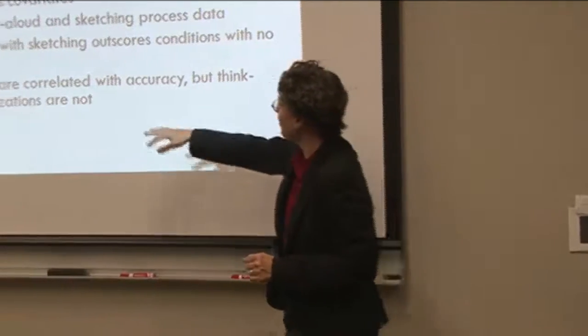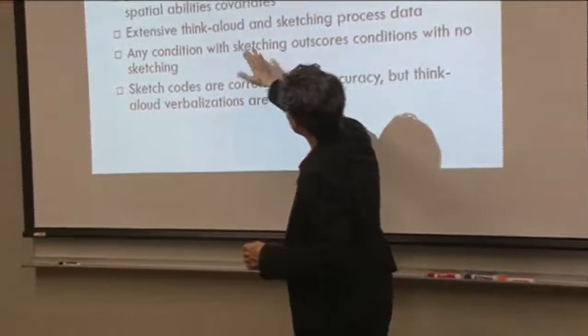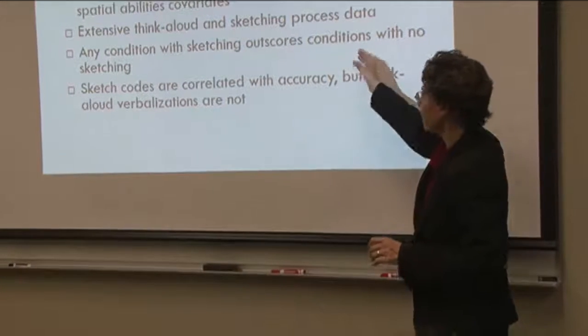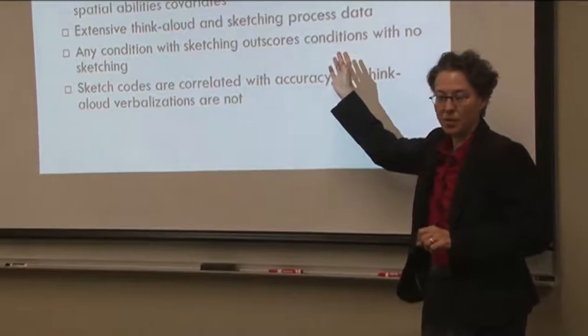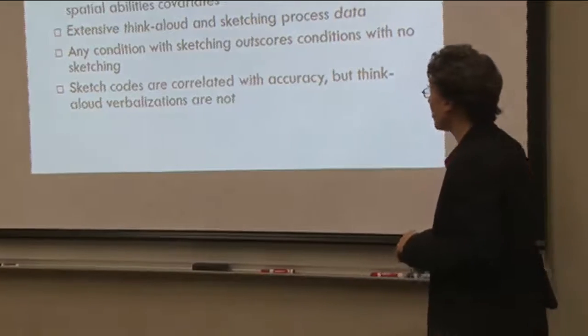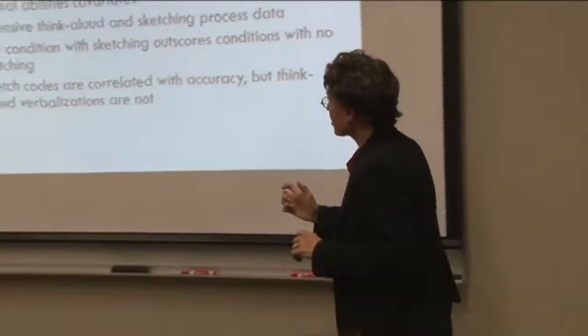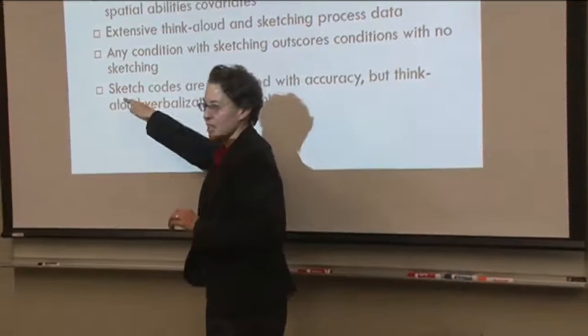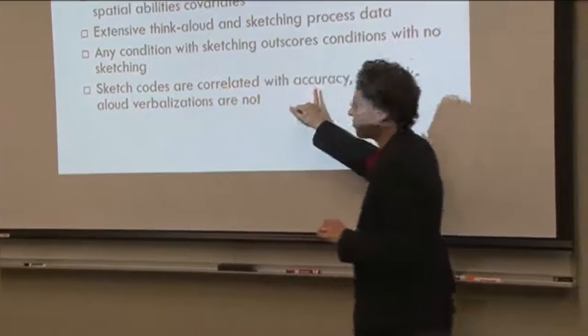It turns out that if you ask them to sketch, either alone or in combination, they do better on their answers than not sketching, which we thought was pretty cool. The other really interesting thing is that what they're putting in the sketches is related to the accuracy of their answers.